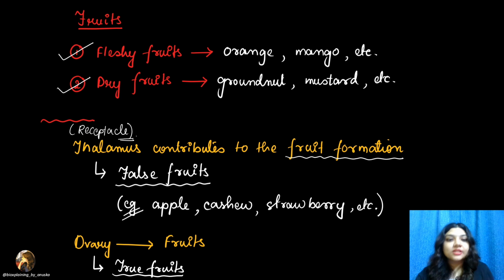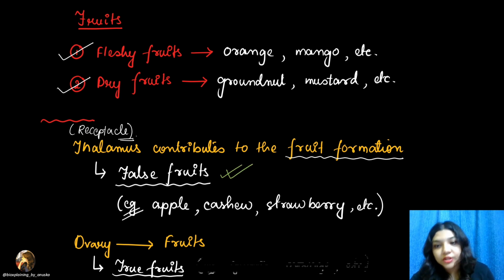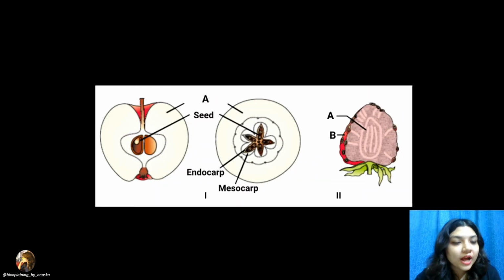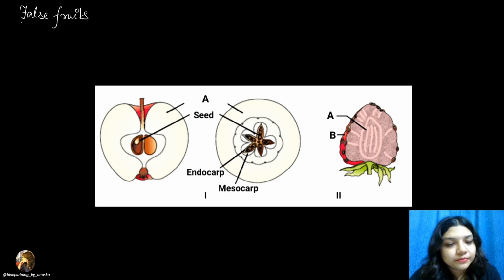So on the basis कि from where it is formed, fruits are of two types, false fruits and true fruits. Done?